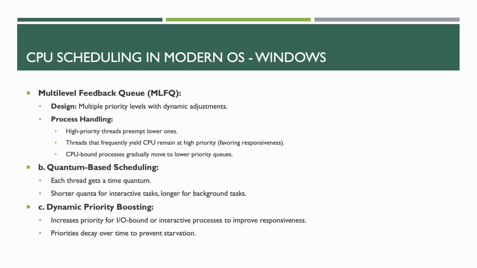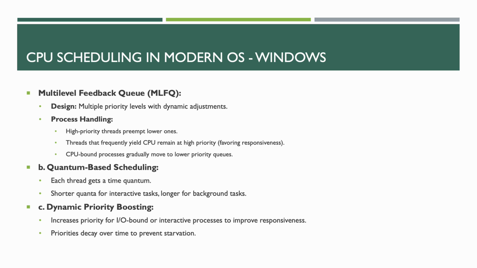Okay, now here we have the same thing but for Windows. Windows primarily uses a multi-level feedback queue along with quantum based scheduling and dynamic priority boosting to manage processes effectively. The multi-level feedback queue uses multiple priority levels with dynamic adjustments.